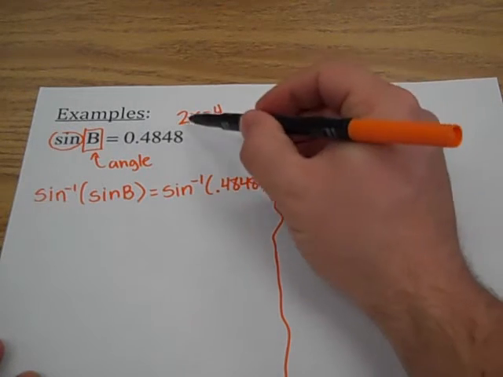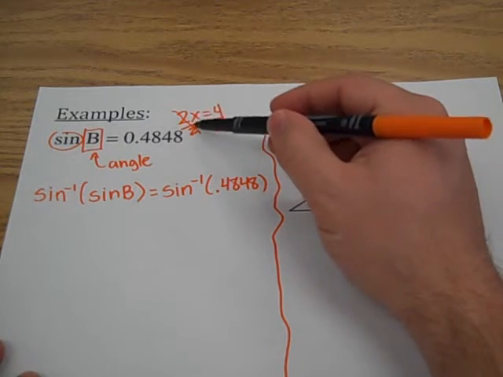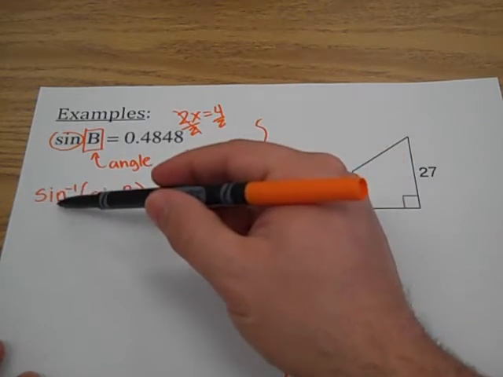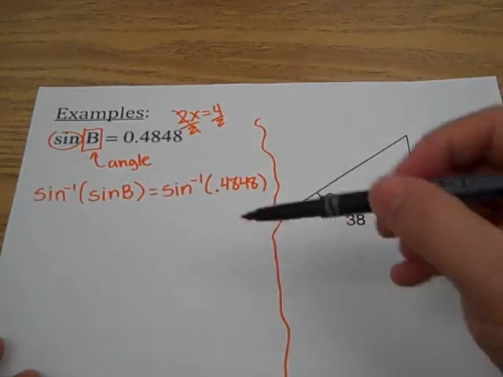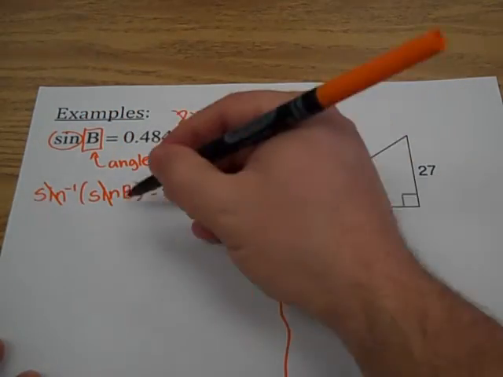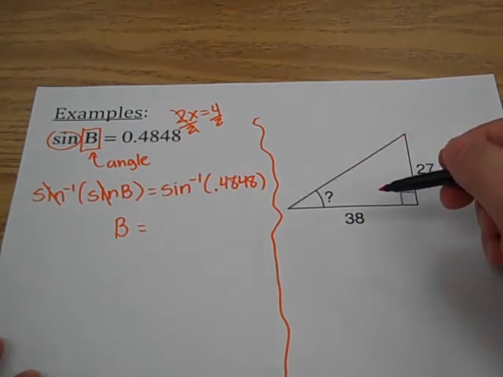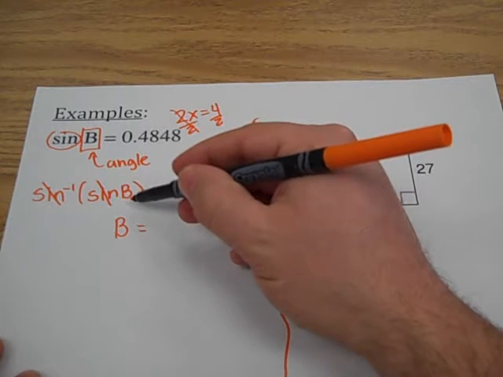This is 2 times x, so we would divide by 2. So multiplying and dividing are opposite functions. Sine inverse and sine are opposite functions, so they cancel each other out. And what happens is we are just left with that letter B, the one that represents the angle. Sometimes this is x, or it could be A.